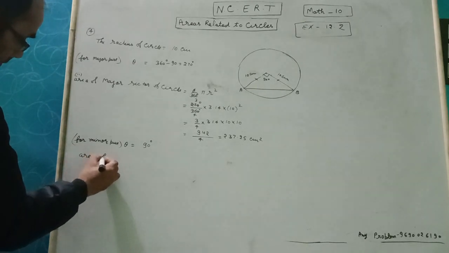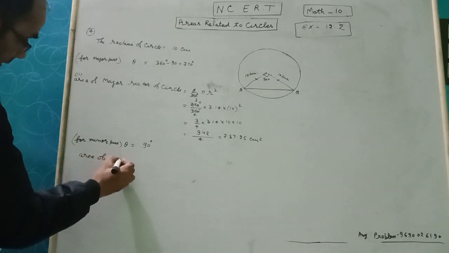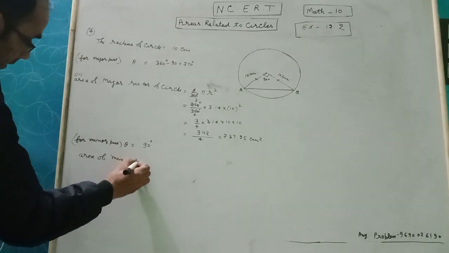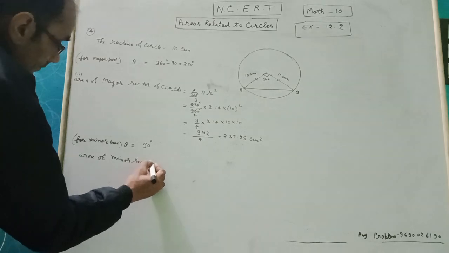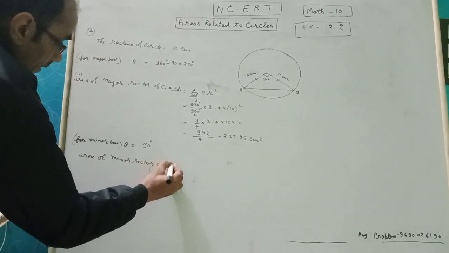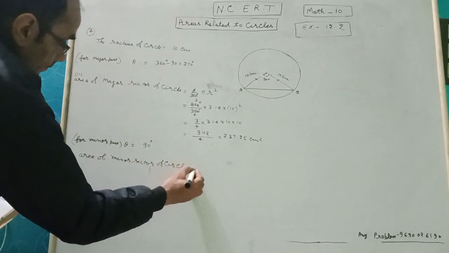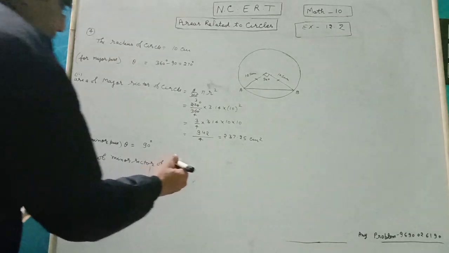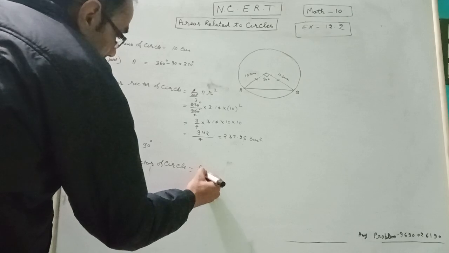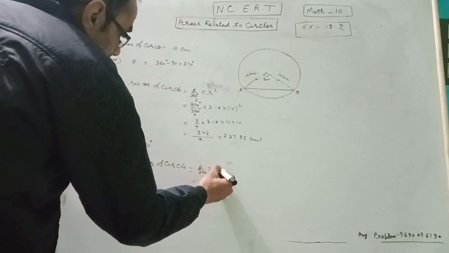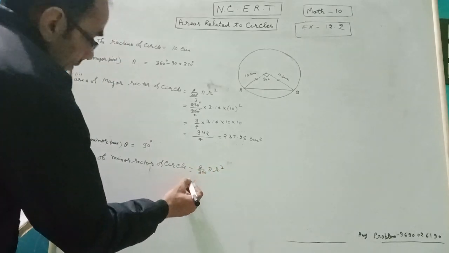Area of the minor sector of the circle is equal to theta upon 360 pi r square, the formula.